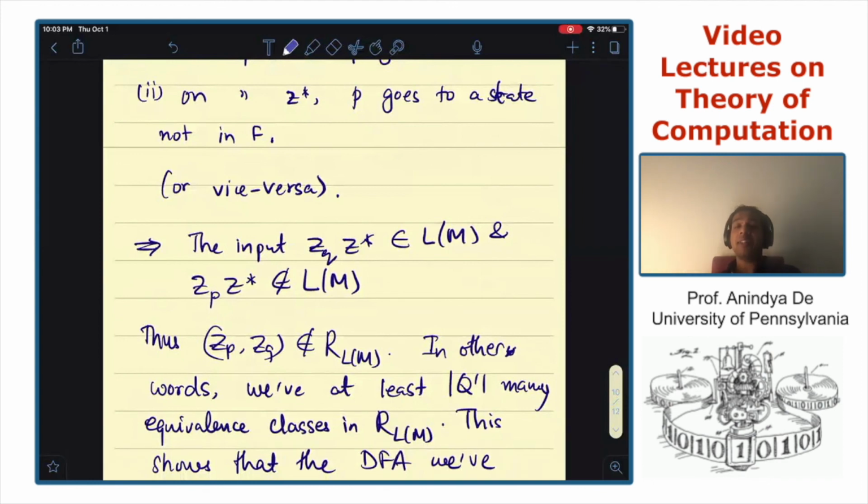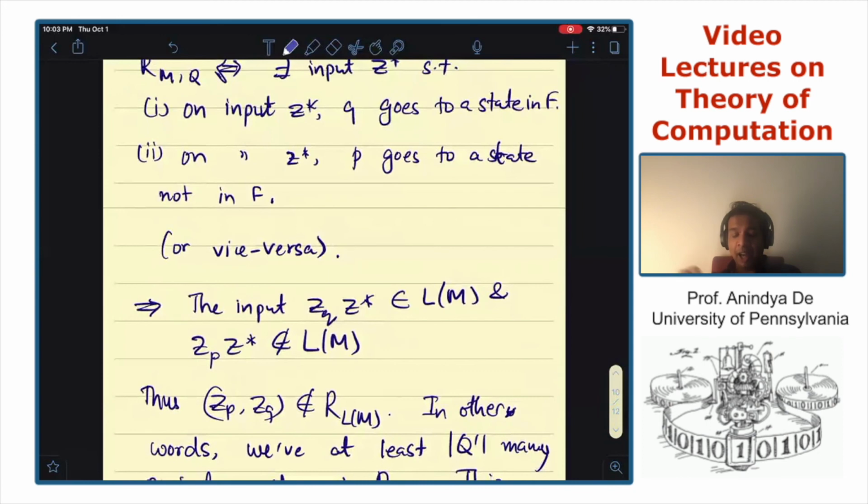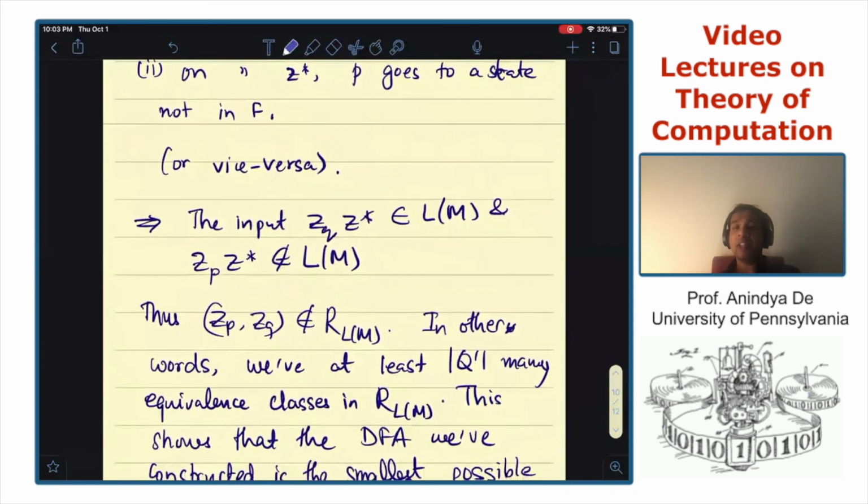In other words, corresponding to every state in the DFA M prime, we have identified a string such that all these different strings are in different equivalence classes with respect to R sub LM. In other words, we have at least as many equivalence classes in R_LM as the number of states in M prime.